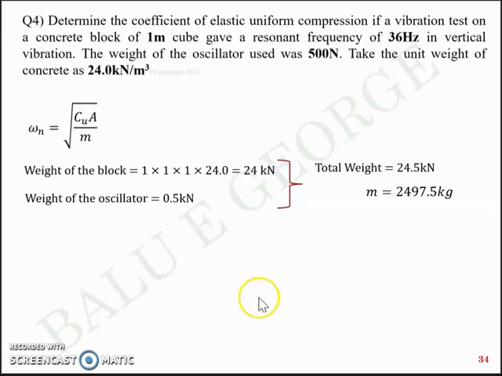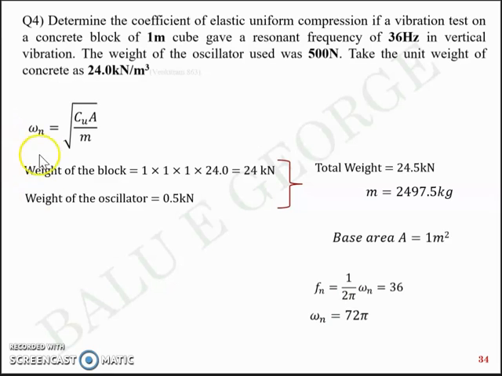So now we have got the mass in kilograms, and we need the area A. It's already given as 1 meter square, because you have the base as 1 by 1. And what is also given is the natural frequency, Fn, as 36 hertz, or I can write omega n as 36 into 2 pi, which is 72 pi radians per second.